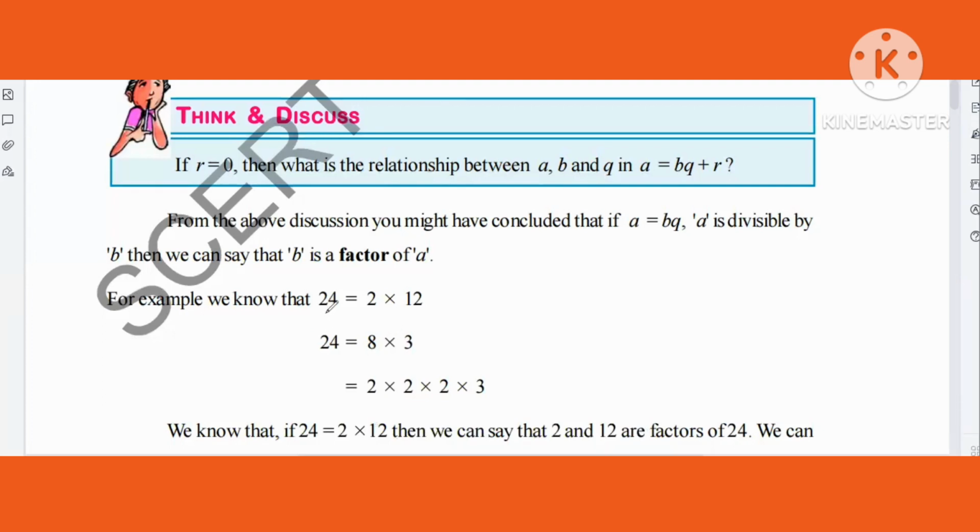For example, see this: 24. You can write it as 2 into 12, and you can also write it as 8 into 3. If you write this 8 as 2 into 2 into 2 and into 3, this is called prime factorization.